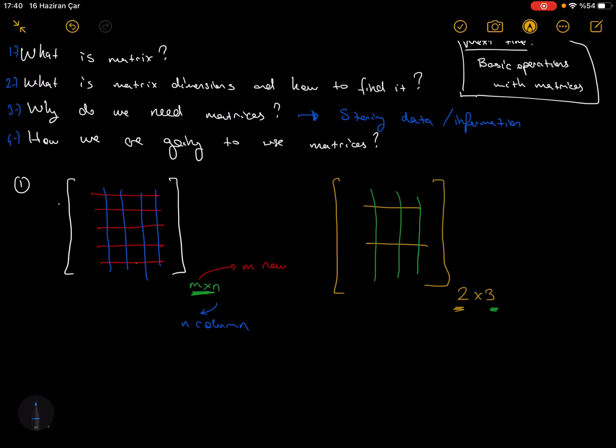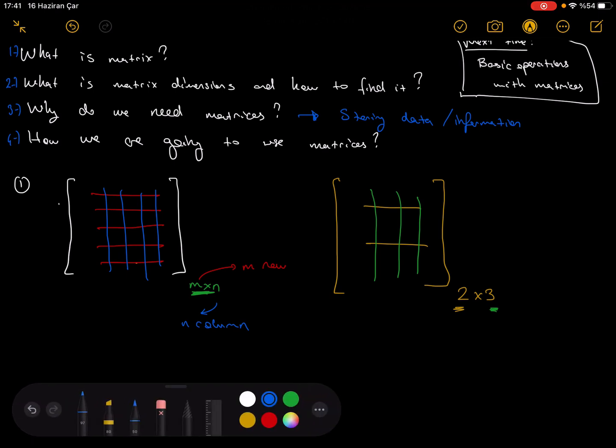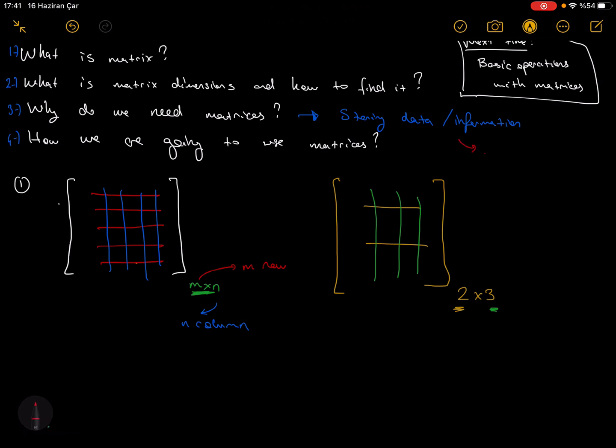This can be a number, this can be a string depending on the context. But in linear algebra, in math, we are going to store the numbers in these matrices, in these dimension matrices. Okay, we are going to store the numbers in linear algebra.